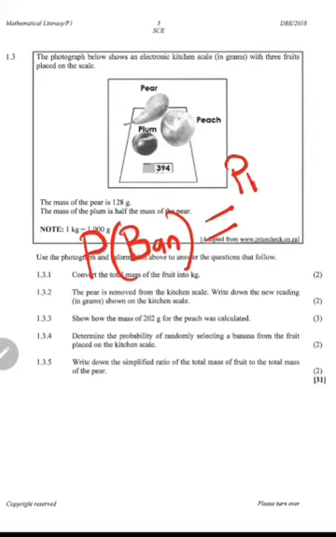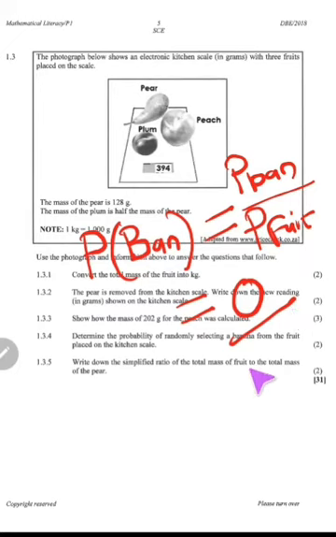So the probability of a banana out of all the fruits. But now, what do you notice? There are no bananas on the table. So my probability of selecting a banana is 0. There's basically a 0 probability of selecting a banana out of all the fruits because there aren't any bananas.